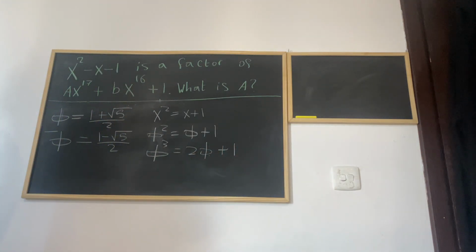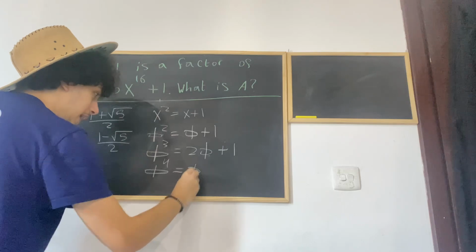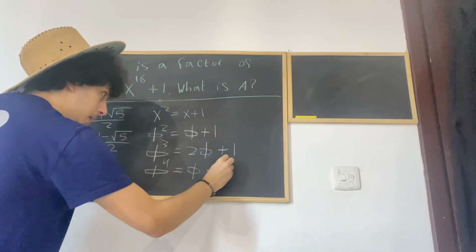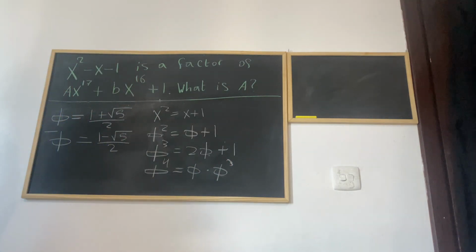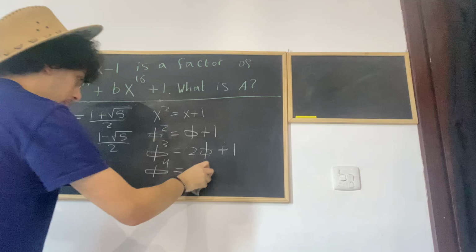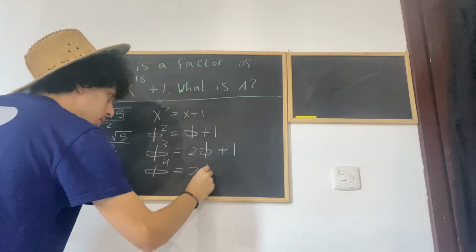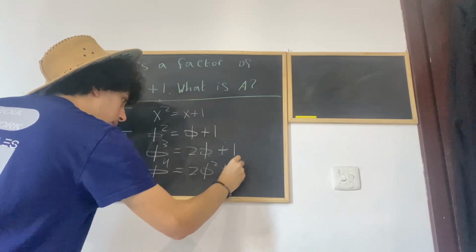Now, I don't know if you guys see the connection here yet, but let's go on to phi to the power of 4. So let's equate that to phi multiplied by phi to the power of 3. What did we say phi to the power of 3 was again? It was 2 phi plus 1. So if we substitute that in and simplify, we're going to get 2 phi squared plus phi.